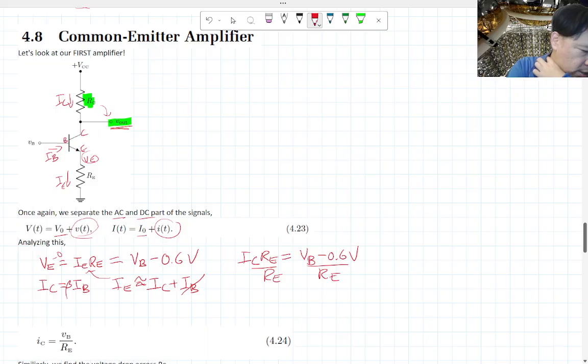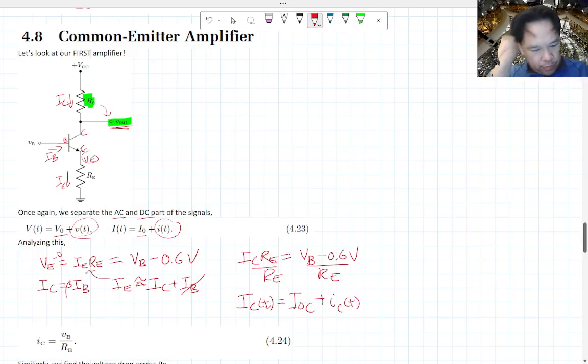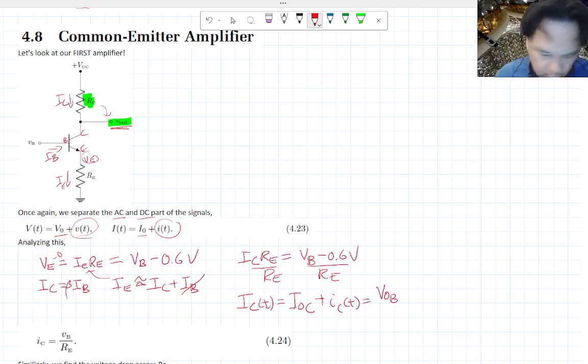So the collector current, which changes with time, is going to be some constant current plus some time varying current through that collector. That's some constant voltage at the base minus 0.6 volts plus some time varying AC part, divided by RE.